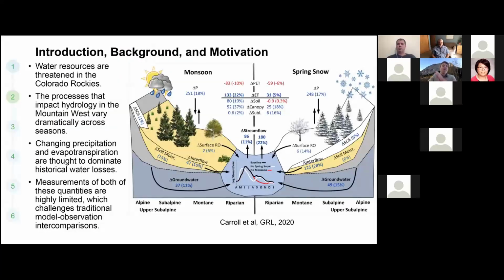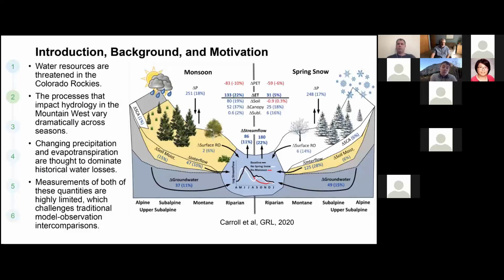Okay, so the big picture here is that water resources are really threatened in the Colorado Rockies. We've seen about a 10% decrease in the discharge from the Colorado River for every degree of warming in the last 100 years.